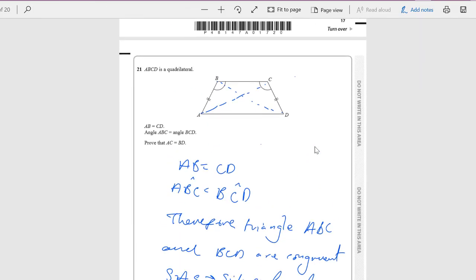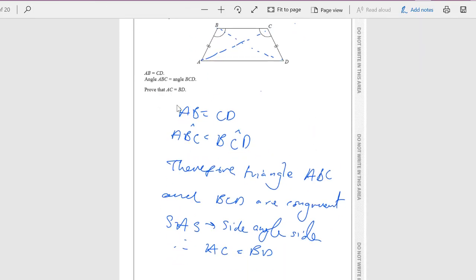And as we mentioned before, this allows us to prove that AC equals BD. Okay, because we have this side here, this angle here, and this side here, and likewise we have this side here, this angle here, and this side here. Okay.